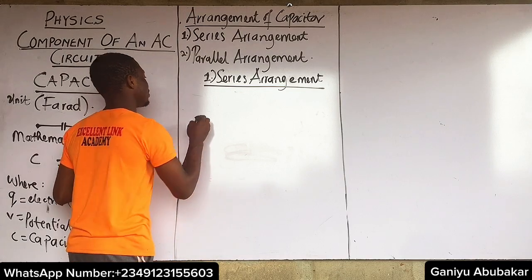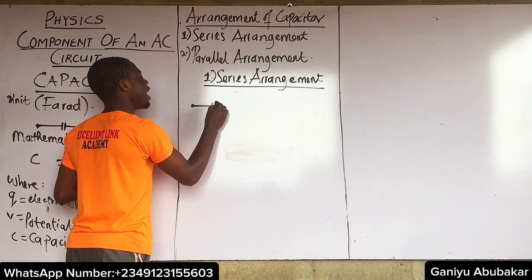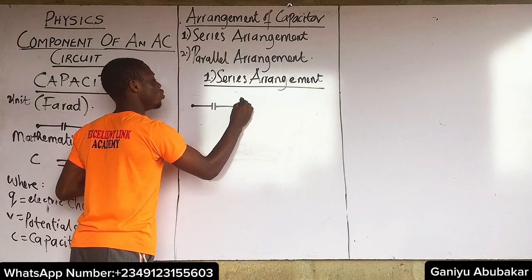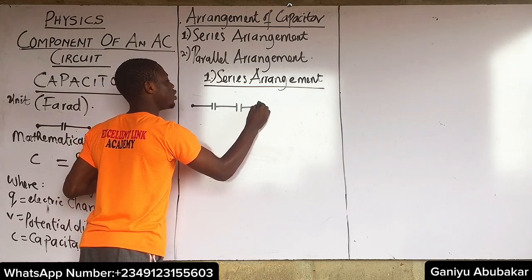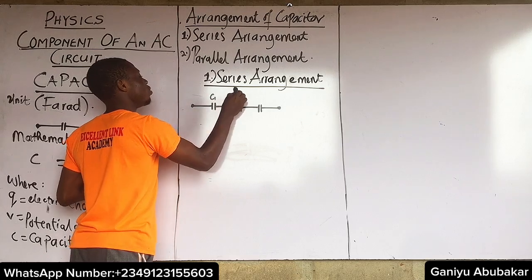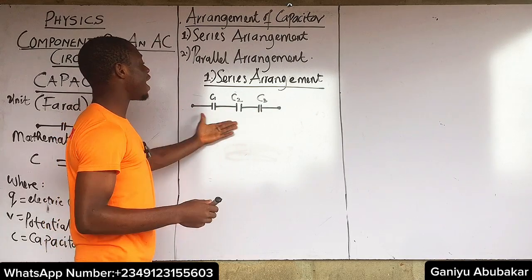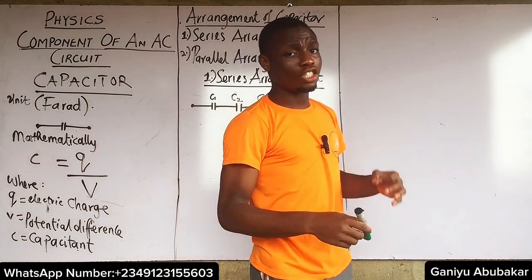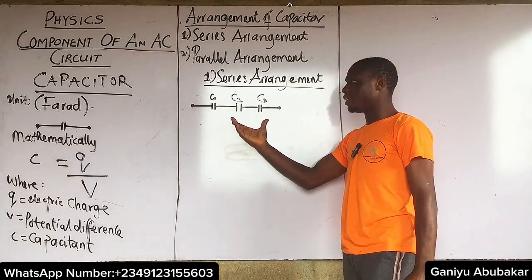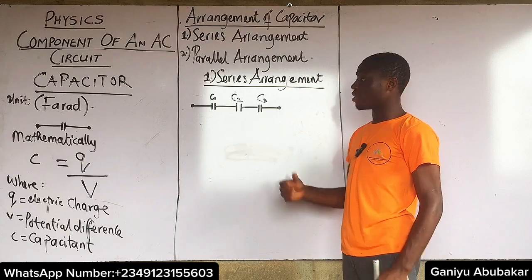Please draw this diagram. So I have C1, C2, and C3. This becomes a series arrangement of capacitor, as you can see.